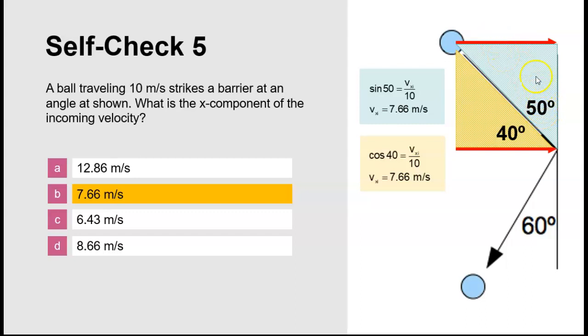So then I would use sine of 50 is the x component over the hypotenuse, and I'll still get 7.66. So my point here is that you need to have the velocity that goes straight in and the velocity that goes straight back when something is happening at an angle. And depending on what angle is given in the problem, it could be a sine function or it could be a cosine function.